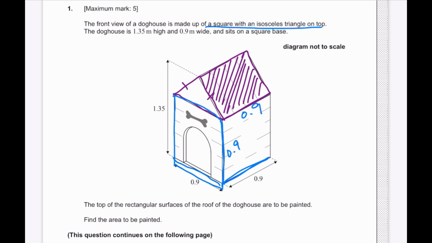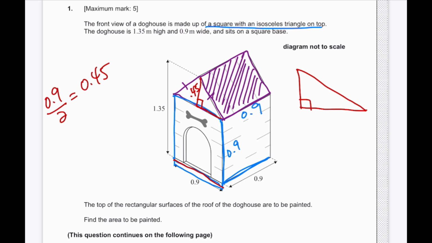Now be careful. We figured out the height of this isosceles triangle is going to be 0.45. You cannot assume that the hypotenuse of that triangle is going to be 0.45. Instead, what I know is that half of 0.9 is going to be 0.45. So in this right triangle right here, if I were to redraw it, this is 0.45. Now this half is also 0.45.